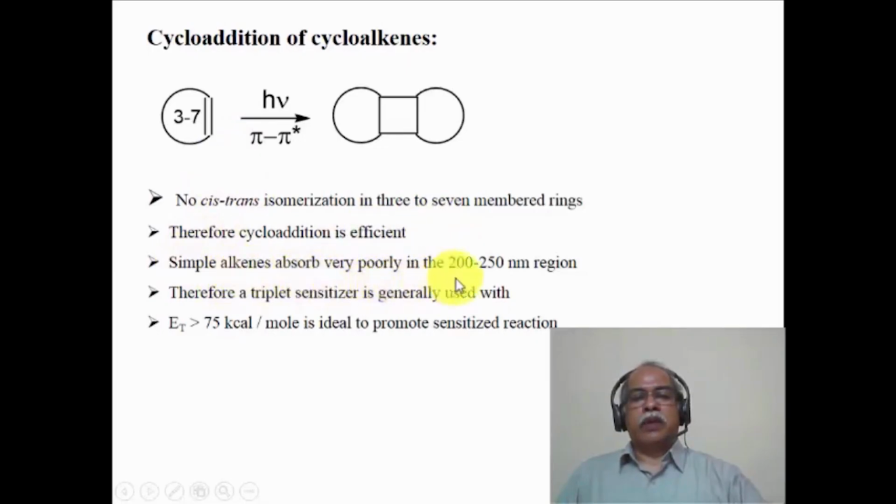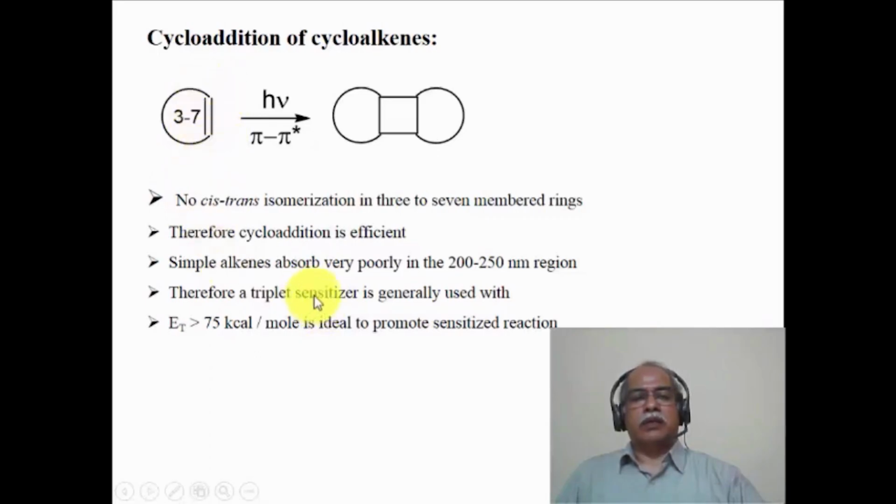Simple alkenes absorb very poorly in the 200 to 250 nanometer region. Therefore, a triplet sensitizer might be useful. Typically, a triplet sensitizer with energy above 75 kilocalories per mole is ideal to promote this kind of reaction. In other words, sensitizers are essentially photocatalysts. They absorb the light energy and transfer that light energy to the olefin. By themselves, they are very poor absorbers.